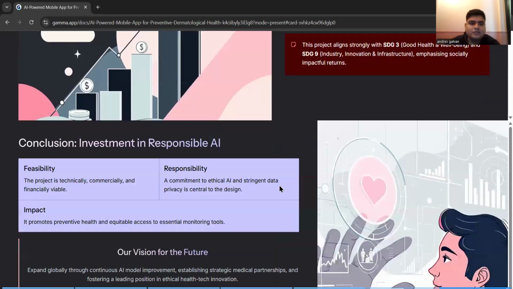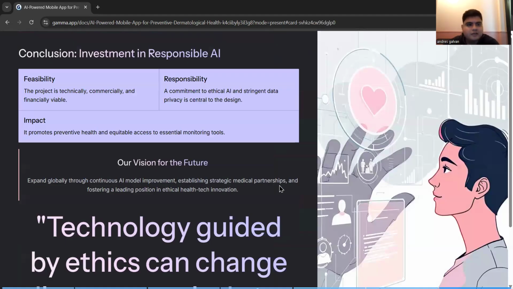Now, to conclude this part, there is also an investment in responsibility with artificial intelligence. Our vision, as I mentioned before, is to expand globally from a continuous AI model, to establish strategic and medical partnerships, and to foster a leading position in ethical product and tech innovation.